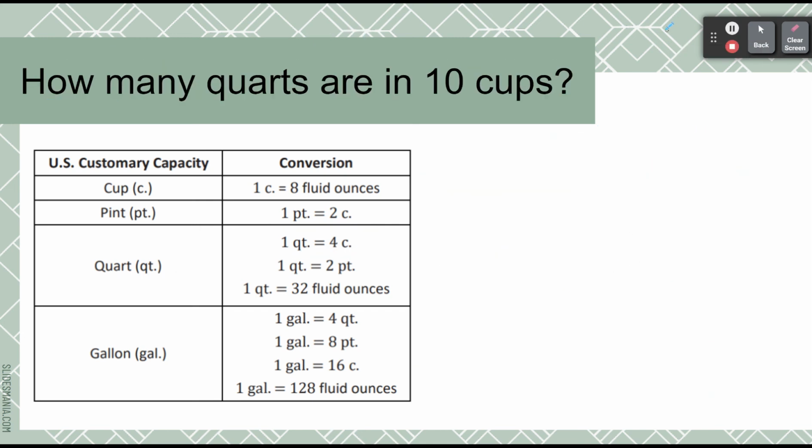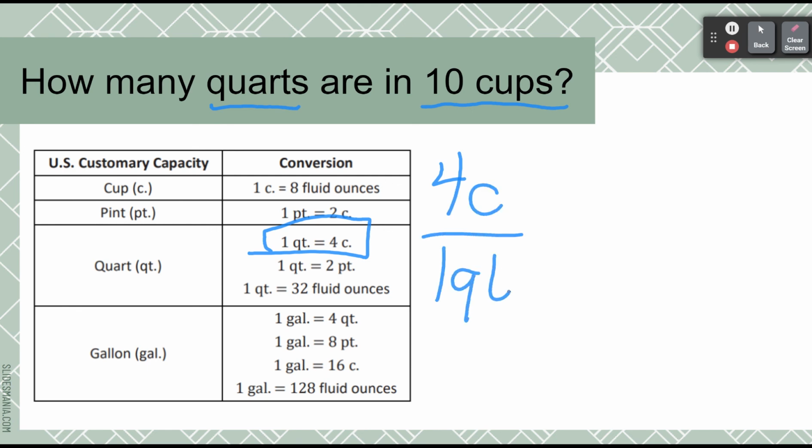We can now use this same information to determine how many quarts are in 10 cups. So again, we're going to use that same information that we had. I can say 4 cups are in 1 quart.